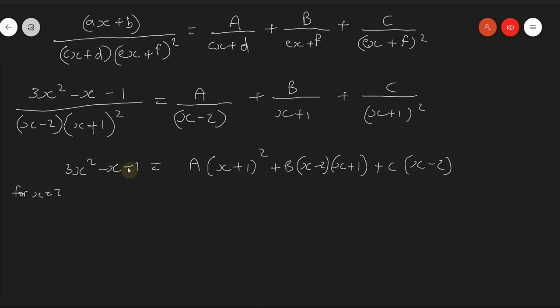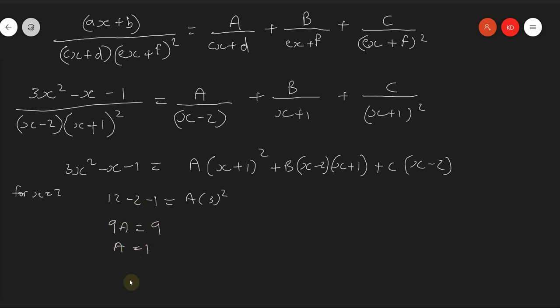Right, so on the left side here we would have 3 times 4 is 12 minus 2 minus 1, good, equal to a times 3 squared. Good. So therefore what we have there is 9a. 9a is equal to 9, because 12 minus 2 minus 1, that's 9. Therefore a is equal to 1.